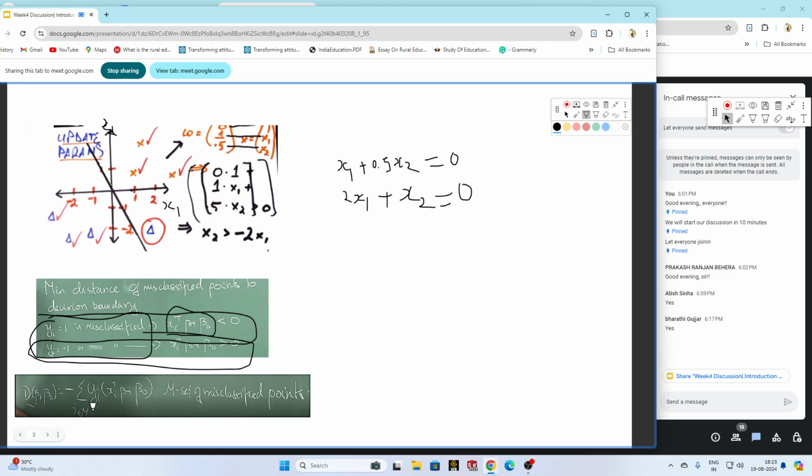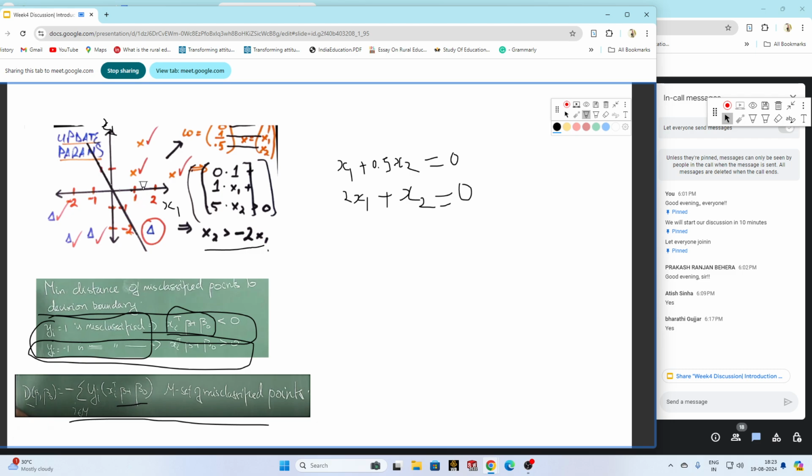These are the list of misclassified points. If we sum up all the misclassified points, this can be the equation: yi into wT x plus beta naught, or you can simply say wT x.